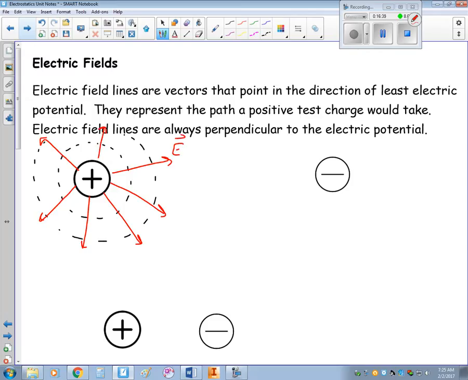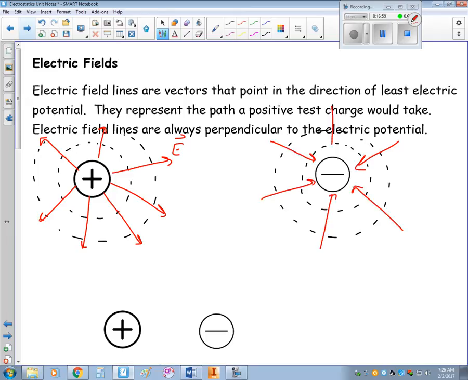For a positive charge, they diverge away. For a negative charge, it sort of looks the same, but since it's a negative charge, the electric potential gets lower as you get closer. So here the electric field would point toward the negative, and again, keeping it perpendicular at all points.